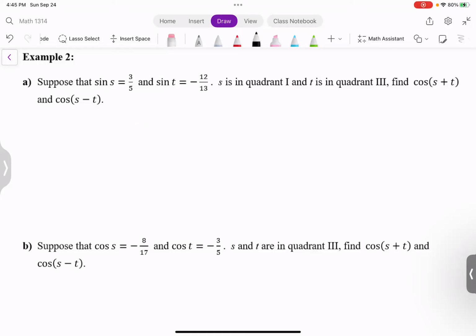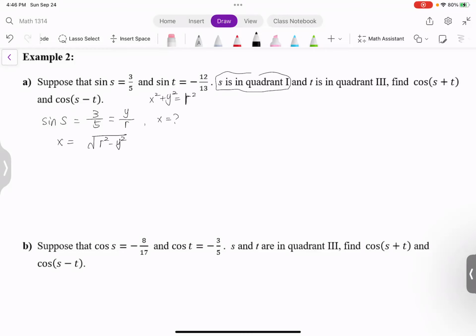The given information is sine s equals 3/5, and s is in the first quadrant. How to find cosine s? Sine s is y over r. From y over r, can you find the x? Yes, we can, because x squared plus y squared equals r squared, so x equals the square root of r squared minus y squared.